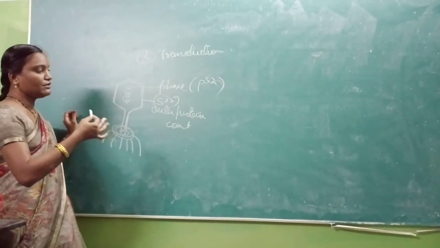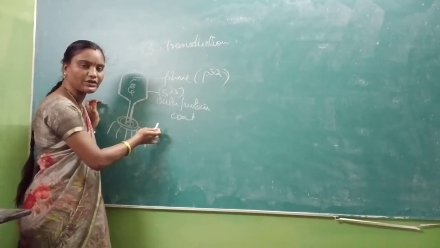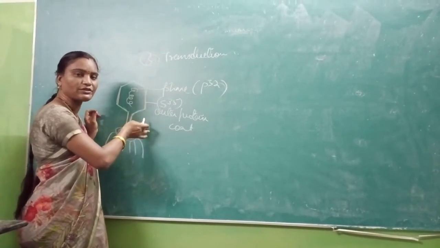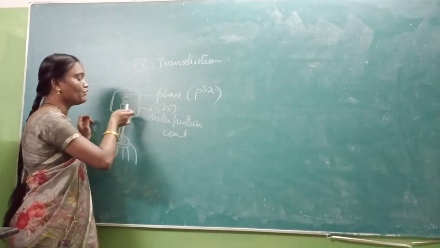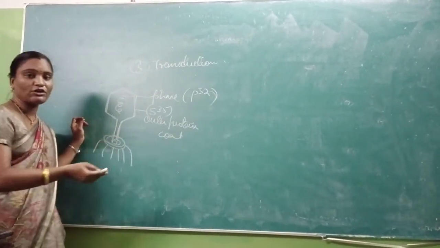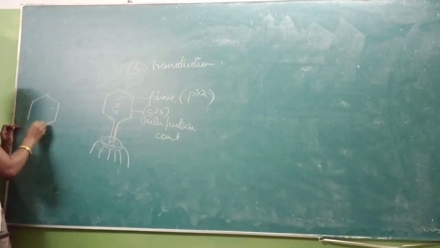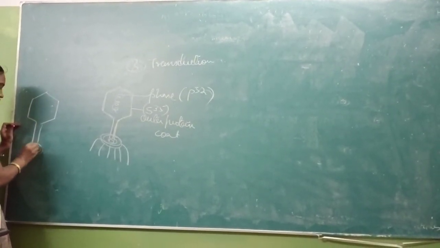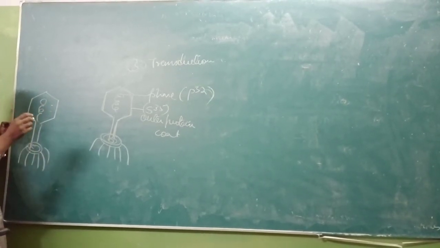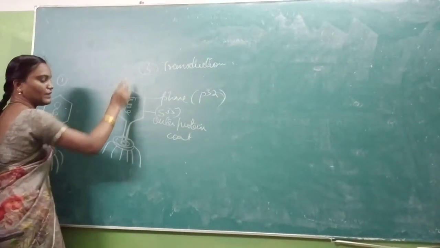So, for instance, you can take only one bacteriophage and radio-label its protein with S35 and its DNA with P32. Or else you can take another phage molecule. In order to avoid any confusion, this is the first bacteriophage and this is the second bacteriophage.